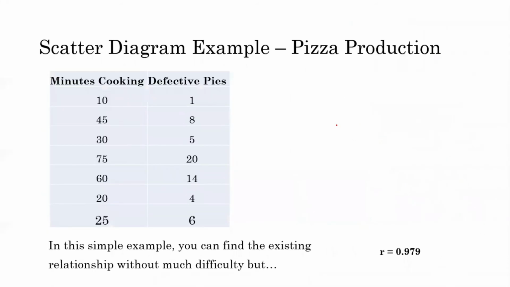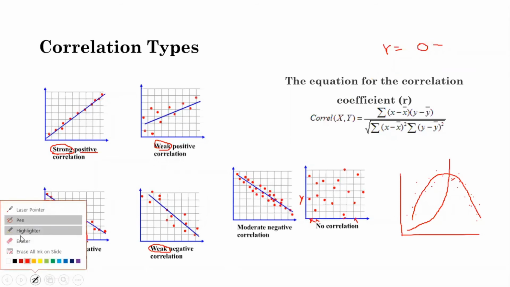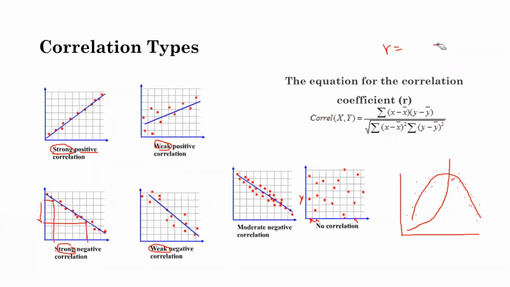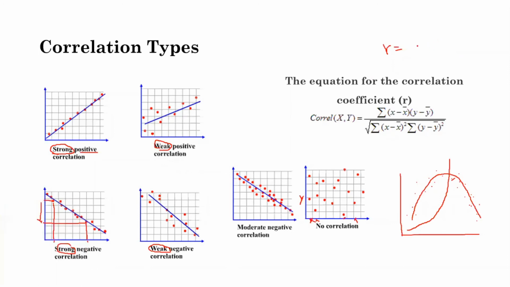And correlation value normally R would be between 0 and... it would be the correlation value would be between -1 and 1.